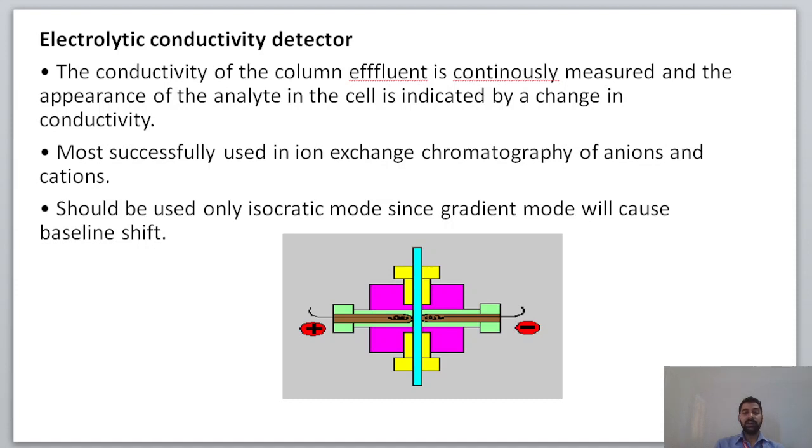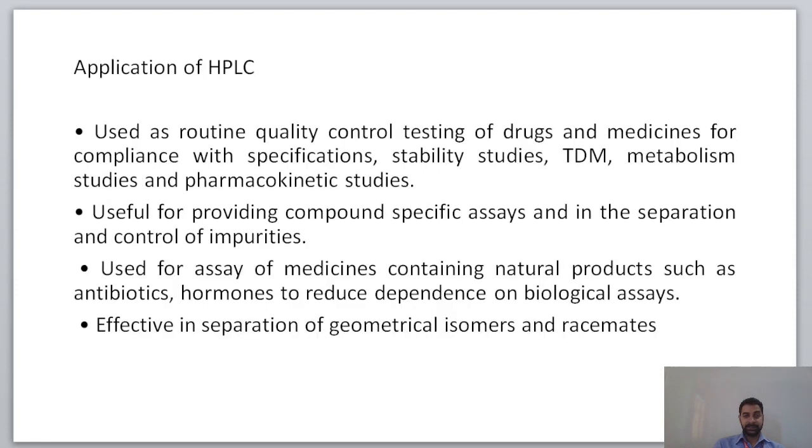It should be used only in isocratic mode, since gradient mode will cause baseline shift. Means if we are using the electroconductivity detector, then we are going to detect only in isocratic mode. If we select the gradient mode, it will cause a baseline shift, means there is an error in the baseline.